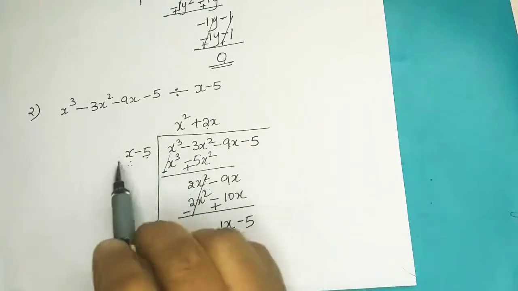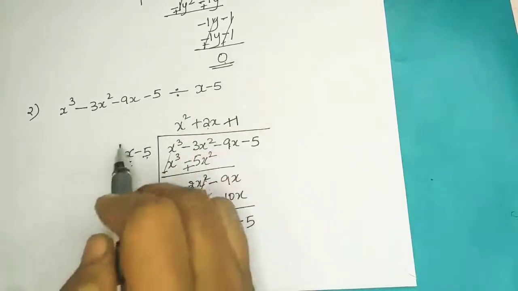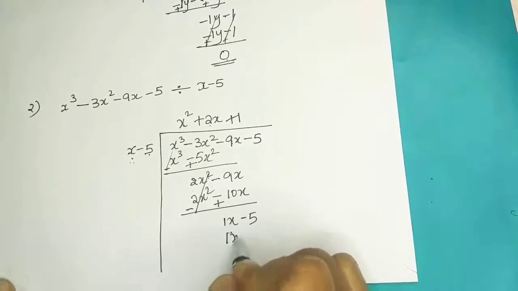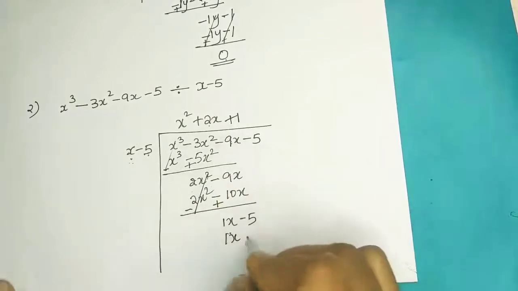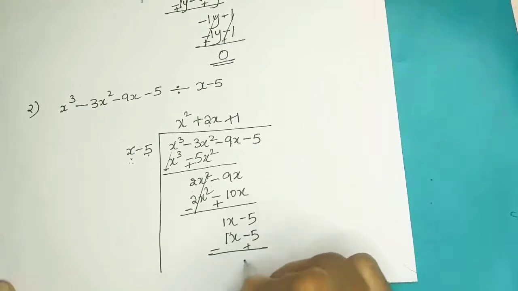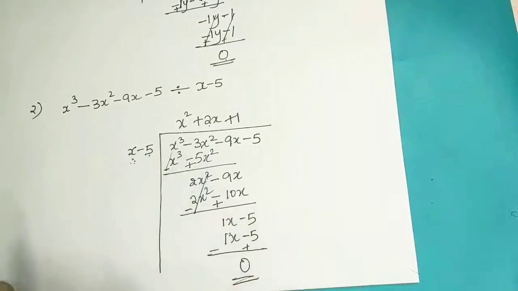It is 1. So x into 1 is 1x, and negative 5 into positive 1 is negative 5. After changing the sign and subtracting, we get 0. That means x minus 5 is a factor of this cubic polynomial.